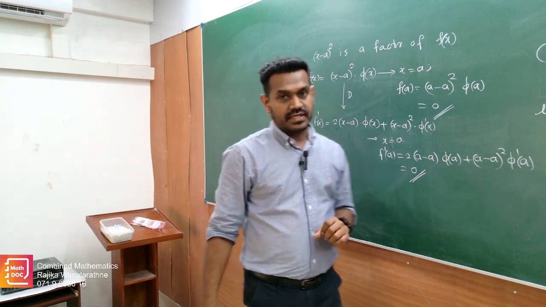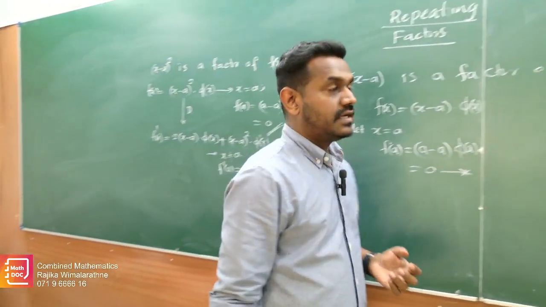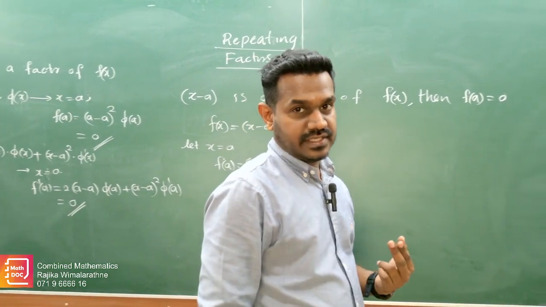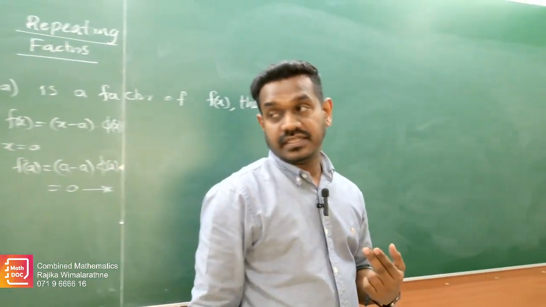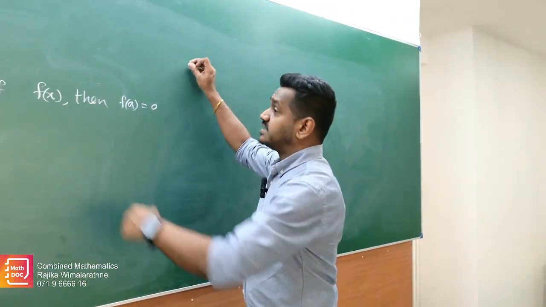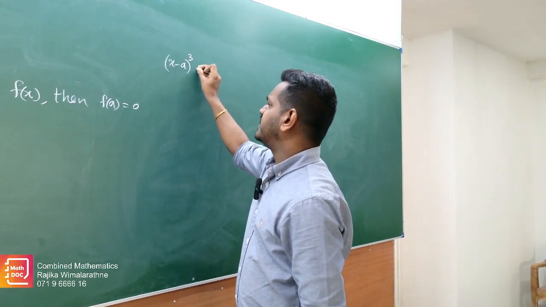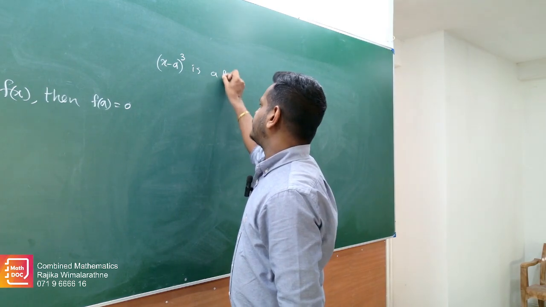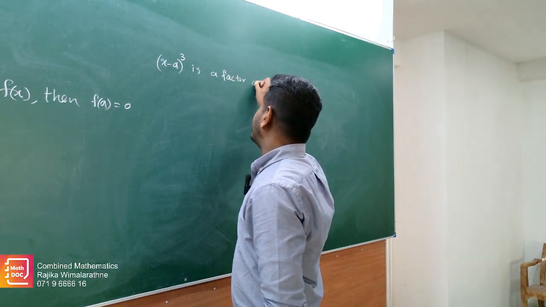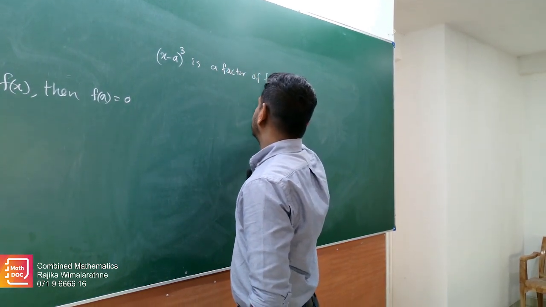That is an important thing. Now let's see three times repeated factors. Consider (x minus a) cubed is a factor of f(x).